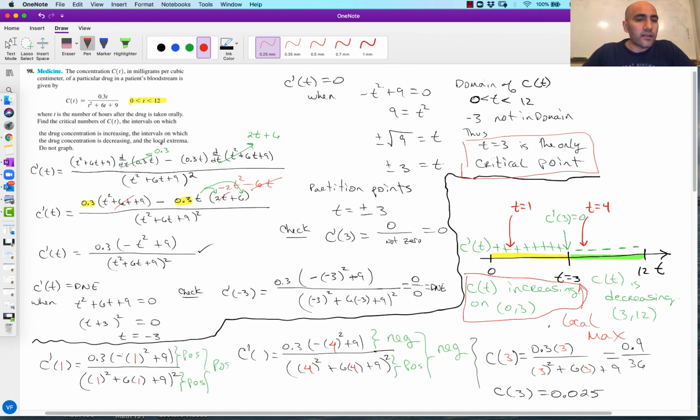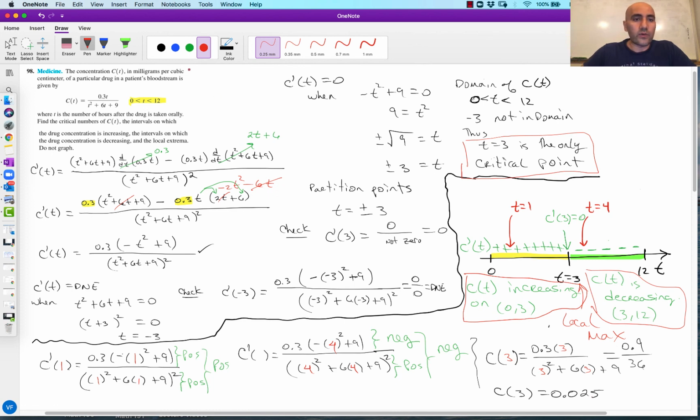And then intervals on which the drug concentration is decreasing. So C of t is decreasing on the interval from 3 to 12. That's the second question. And finally, all the local extrema. Well, we see that there's a local maximum at t equals 3, which corresponds to an output value of 0.025.